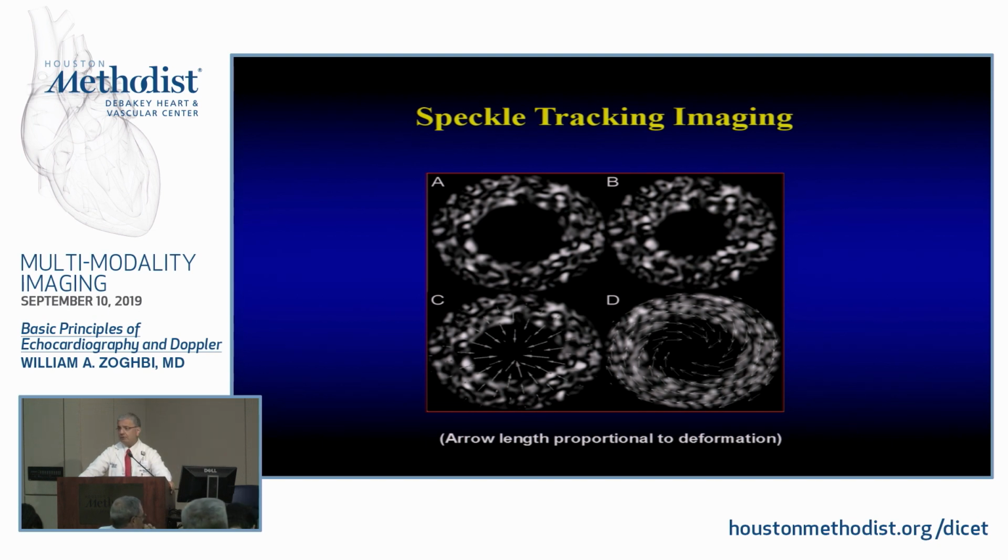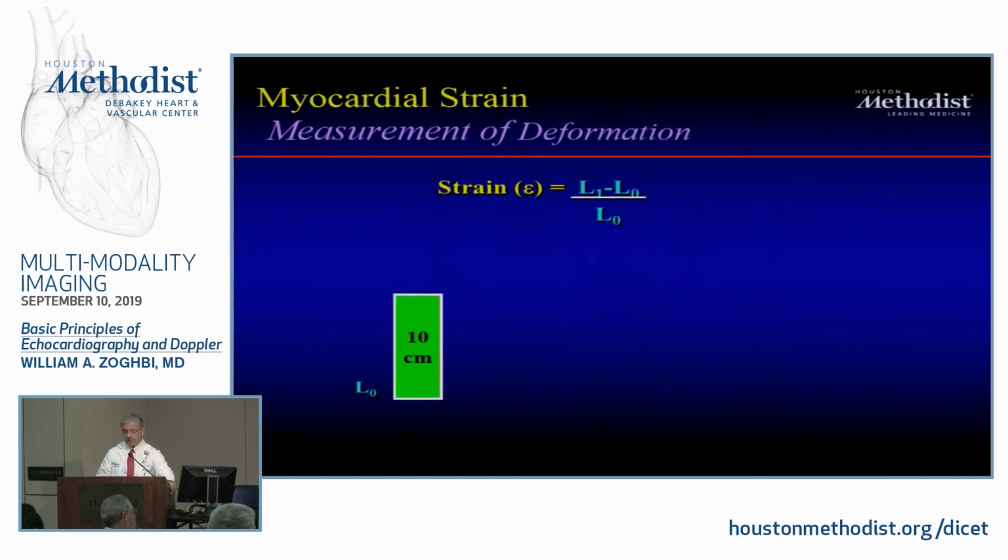This was a major revolution for us because then you're not angle dependent, you're able to track. And with tracking, you could look at function that we never were able to look at before. And this is strain and strain rate, okay? And why do I say that we were not able to look at it before? Because strain is deformation. And what we were able to look at all the time is an M-mode parasternal long axis.